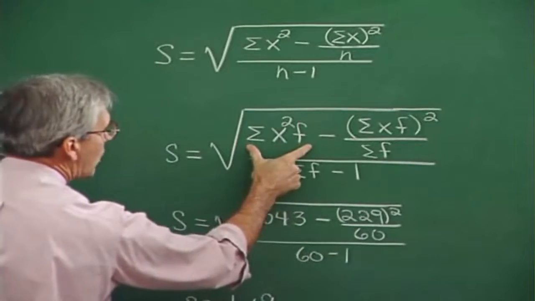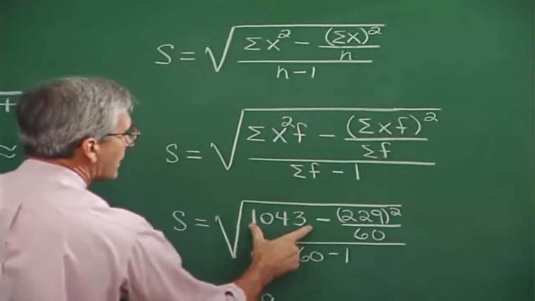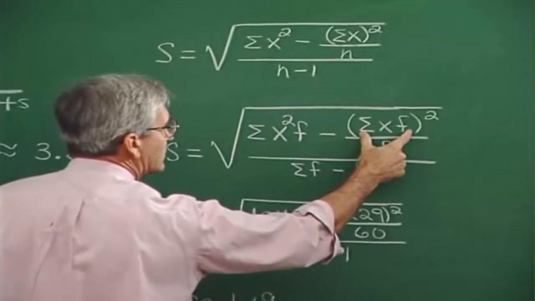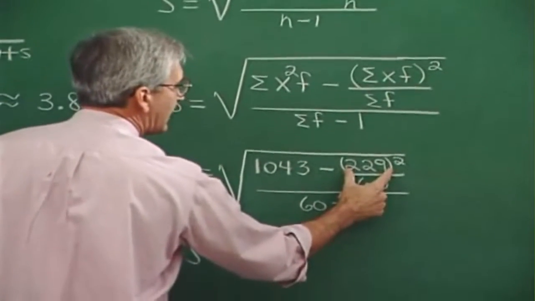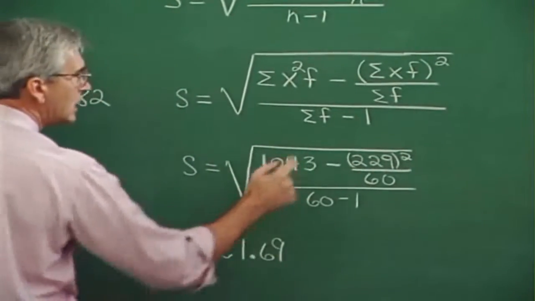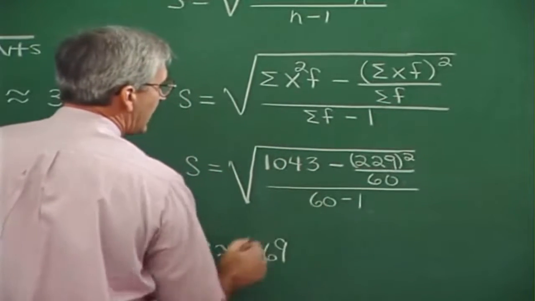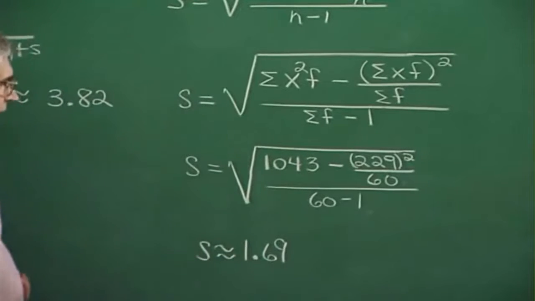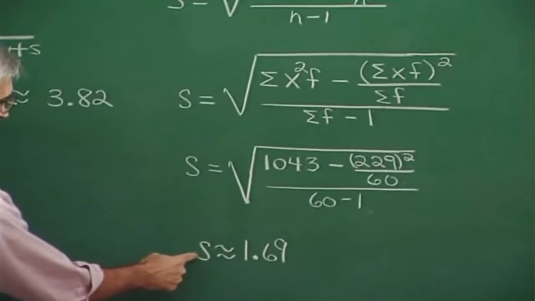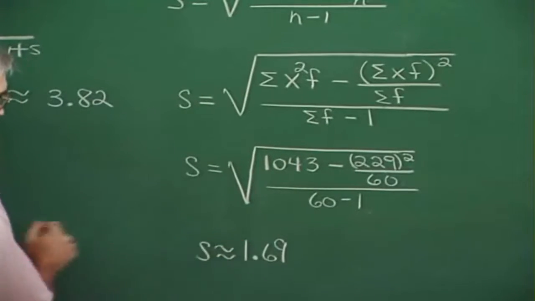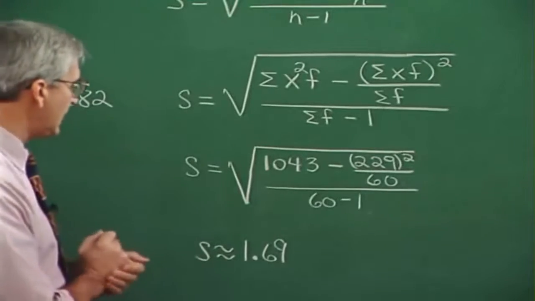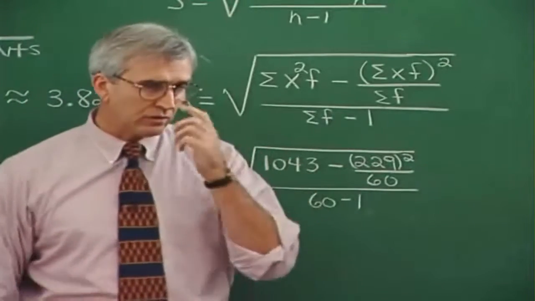And now we just replace. The sum of x squared f is 1043. The sum of xf's was 229, and that value is squared in the formula. The sum of frequency values is 60, and then 60 minus 1 in the denominator, and now it's a matter of punching the calculator. We find the standard deviation to be approximately 1.69, and there is a unit associated with it.